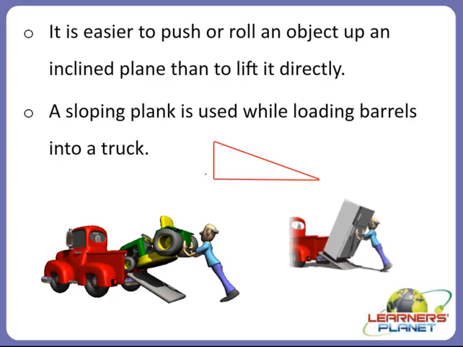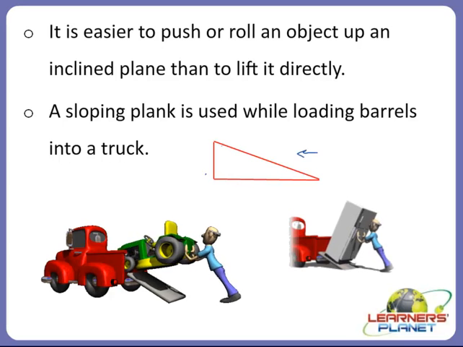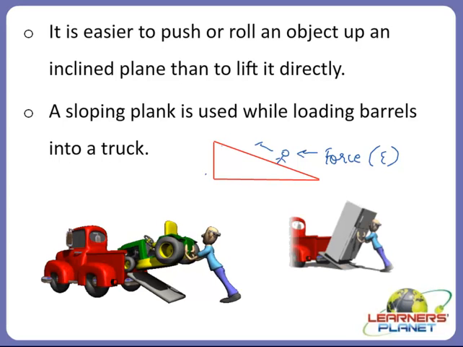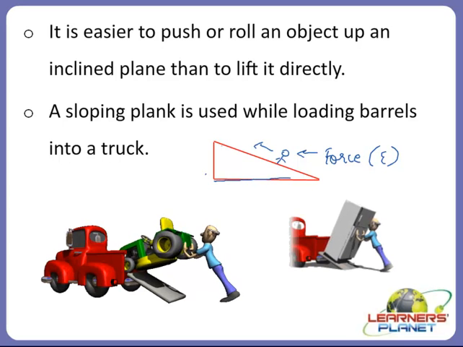Just remember that a person applies force, or we can say it is an effort, and it applies force upwards, or it can apply force downwards also, right? So this is a force, and this is a plane surface. Upon it there is an inclined plane.